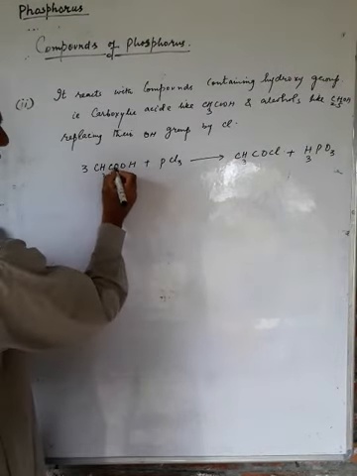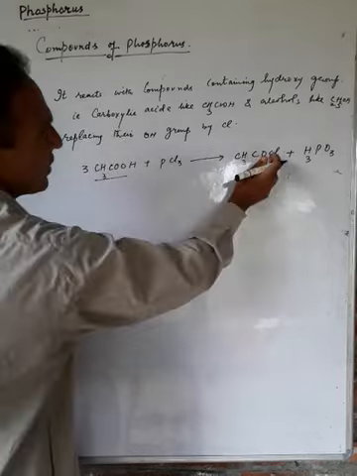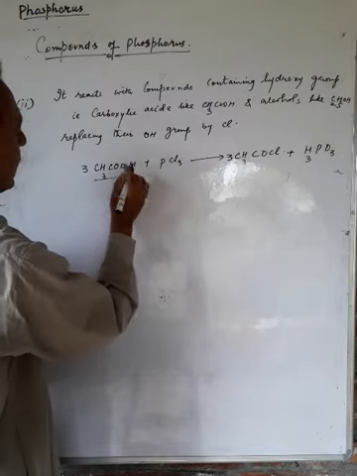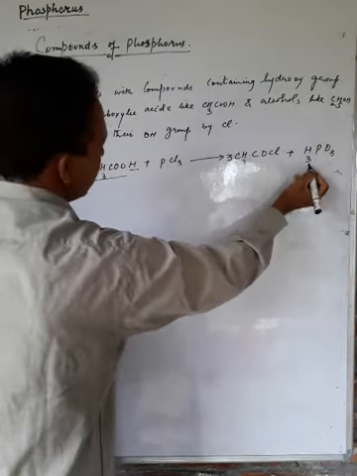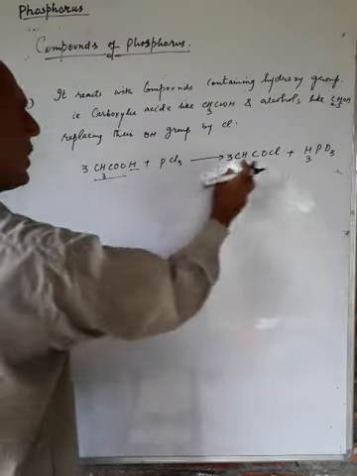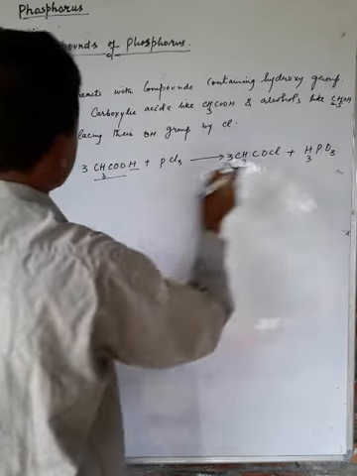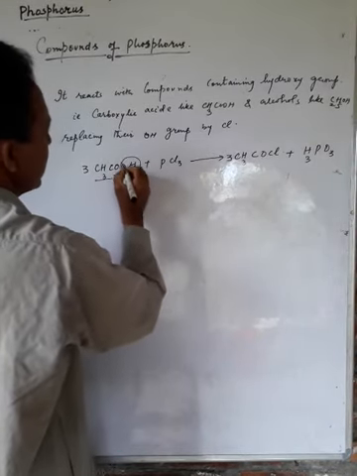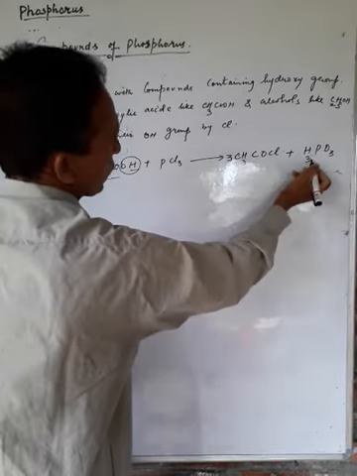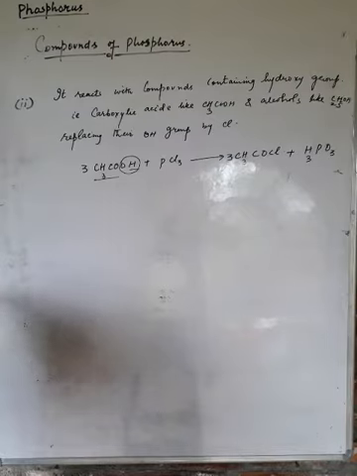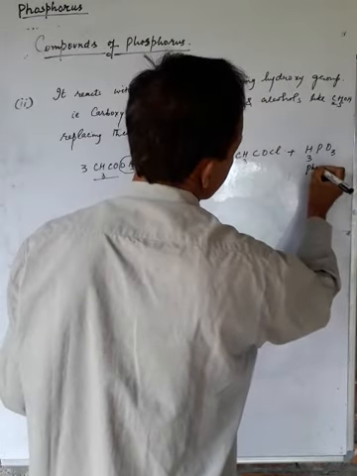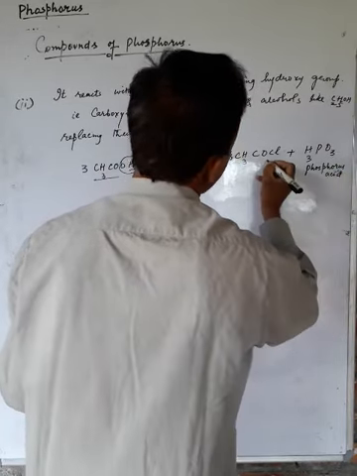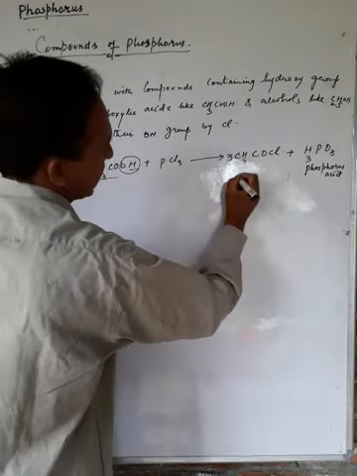So 3 times CH3COOH and 3 Cl, here P 1 and hydrogen 3, Cl 3. Hydrogen 3, phosphorus 1 and oxygen 3 times. This is phosphorus acid, and this is acetyl chloride or acid chloride.